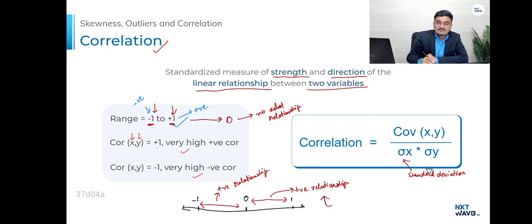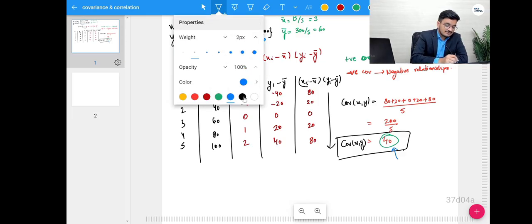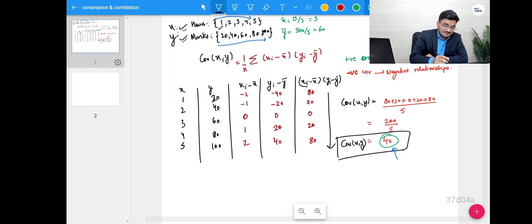So what we can do is, for the same example of hours and marks, we saw that the covariance is 40. Now let's say I want to find the correlation between these two features, right? So what I can do is I can just calculate the standard deviation. For that, I'll require these and I need to square them to get the variance.